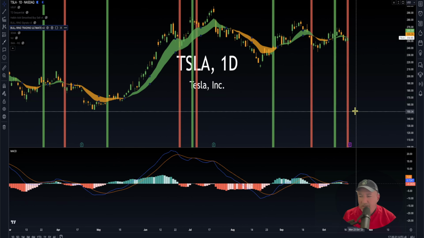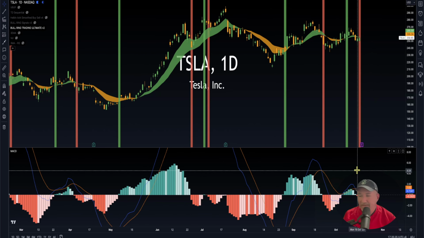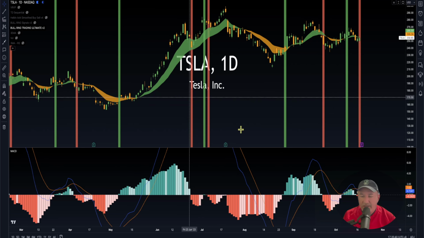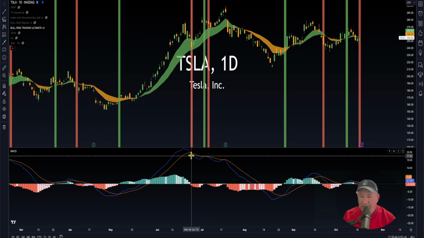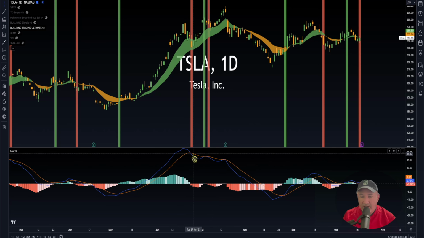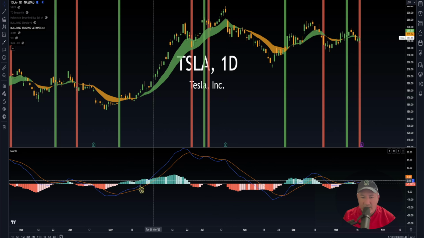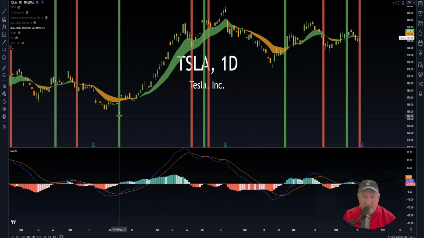If you see the MACD down here, you can tell when the MACD has crossed, and that's what the indicator does. It matches up exactly to the MACD. See those crosses there? See how it flipped again? Well, it didn't really flip here. It touched or almost touched, but look at this right here. We crossed and we're headed up.